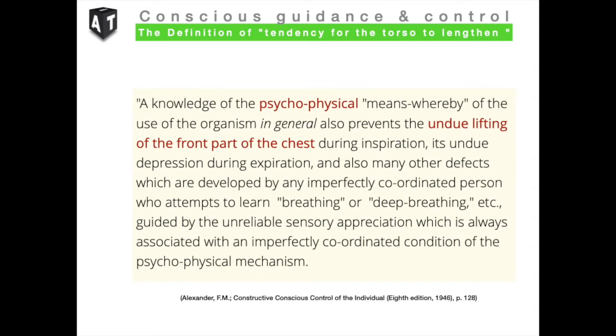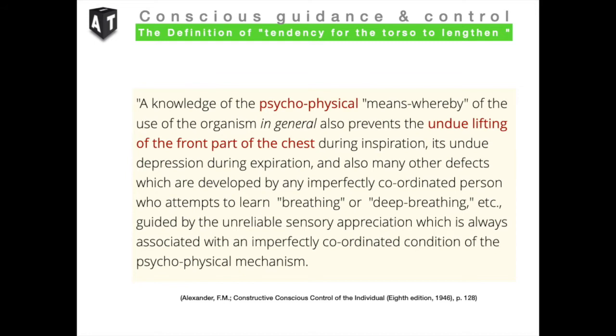And so now let's go back to the sentence just a second so that you see the condition, because it's interesting to see when it is that you should prevent. The movement we've seen is not the correct movement. Alexander is presenting an incorrect movement that you will prevent if you have the right psychophysical means whereby.